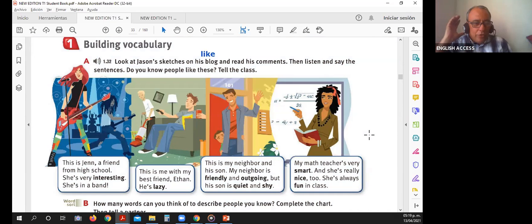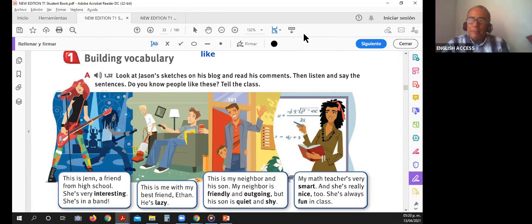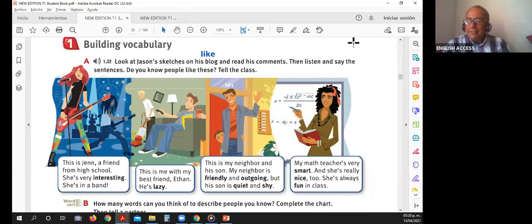So we are going to listen about these four pictures, and please take note of the words in bold. You can see them: interesting, lazy, friendly, outgoing, quiet, shy, smart, nice, and fun.